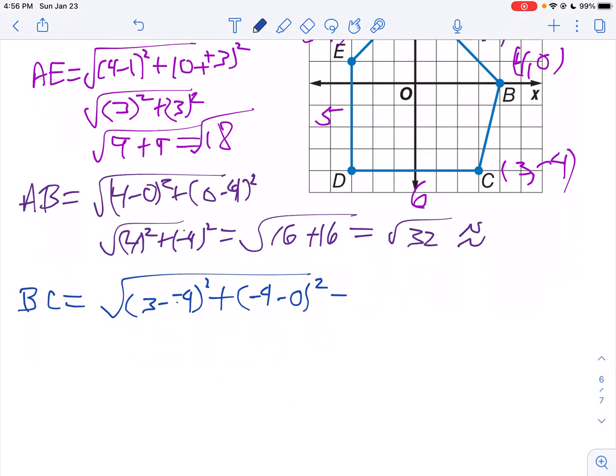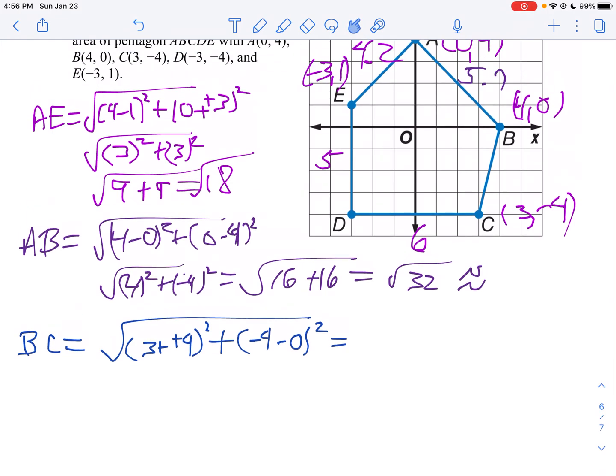Well, let's simplify that. Actually, it's not a negative from B to C. It's just 3 minus 4. Sorry about that. I put a negative in there by accident.